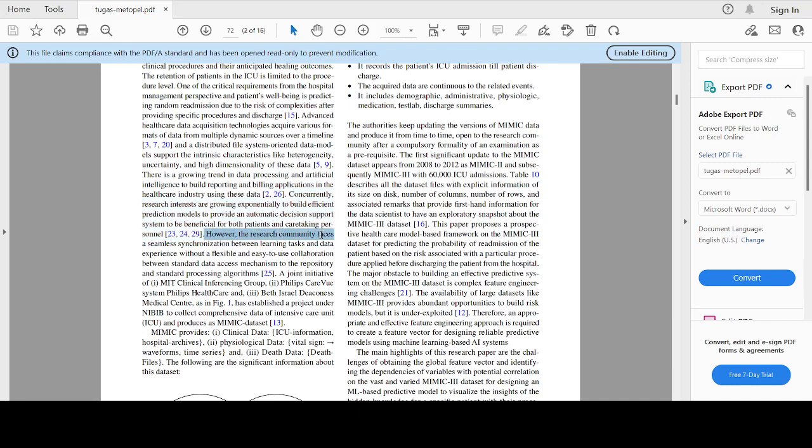However, the research community faces a seamless synchronization between learning tasks and data experience without a flexible, easy to use collaboration between standard access mechanisms to the repository and standard processing algorithms. As we know, collaboration can sometimes be hard because the people involved also have different needs and different goals.